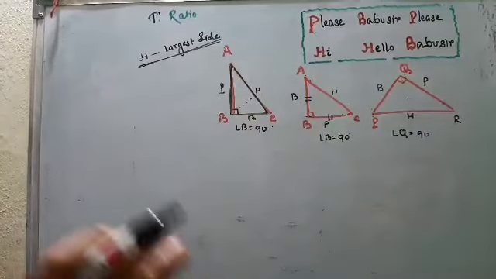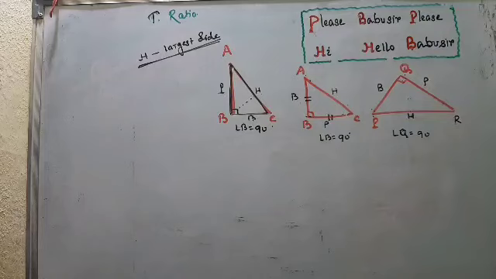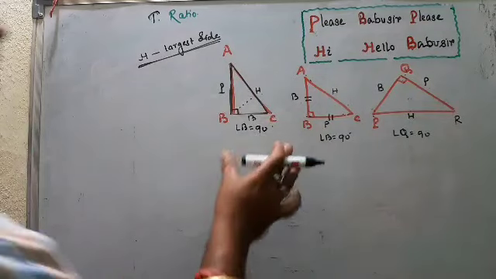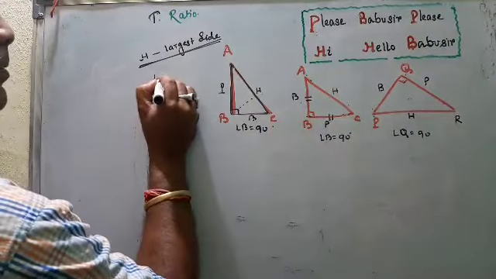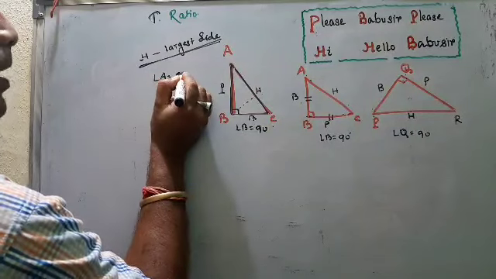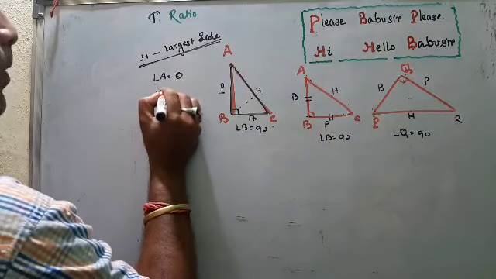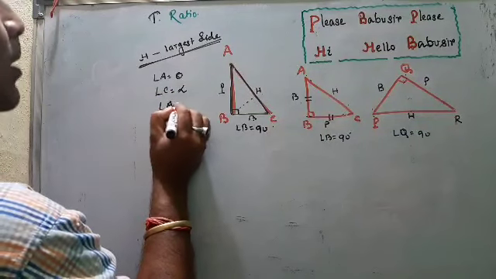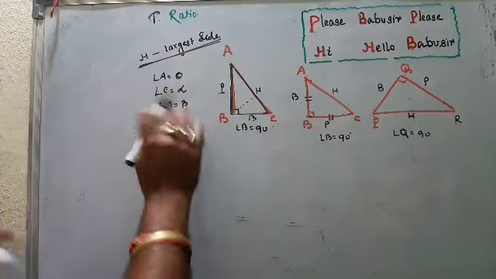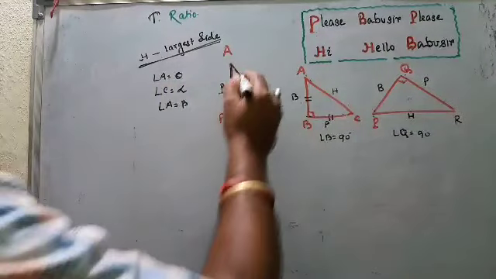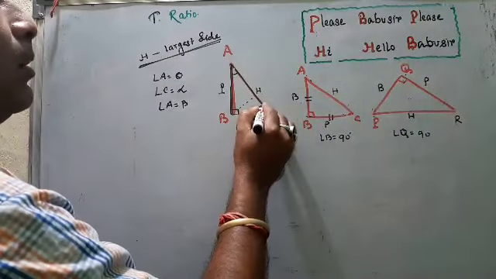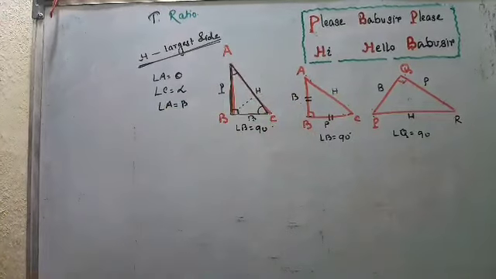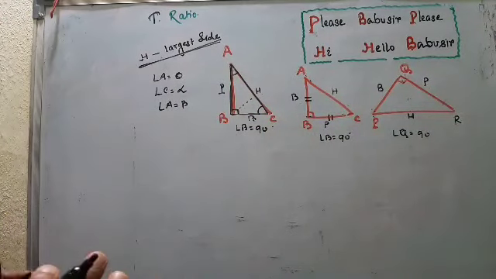These are known as ratios. And if I consider any angle, suppose angle A, we can call it theta, or angle C alpha, or angle A beta. These are the magnitudes or measurements of angles. We take theta, alpha degree, beta degree, like this.